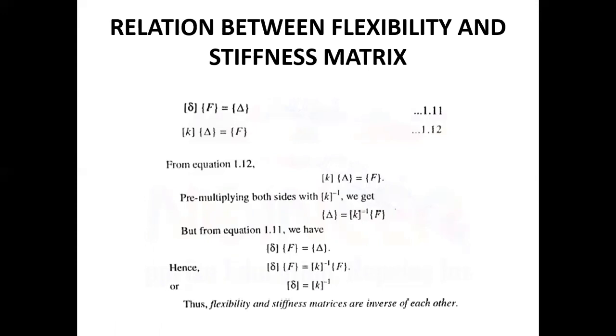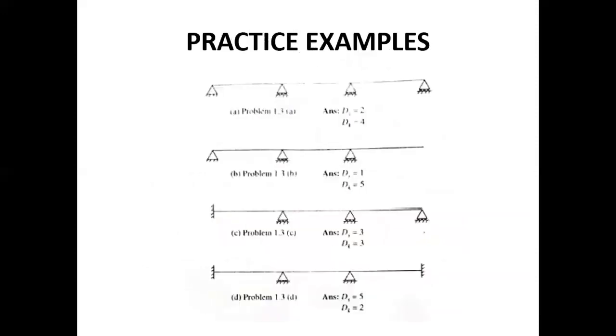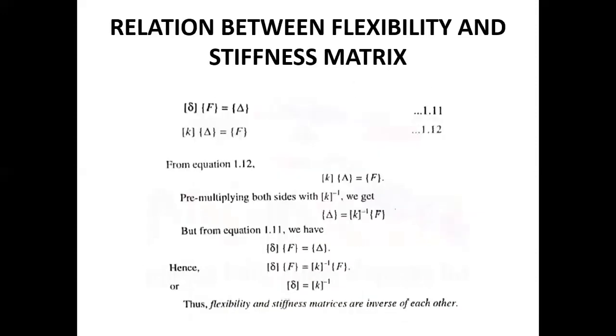Similarly, if the material has more flexibility, then the stiffness will be reduced. So in general, stiffness is inversely proportional to flexibility. Here we have derived that the del matrix, that is the flexibility matrix, is the inverse of the stiffness matrix.